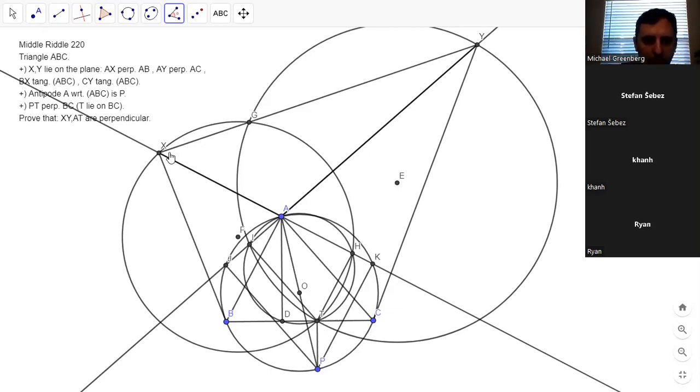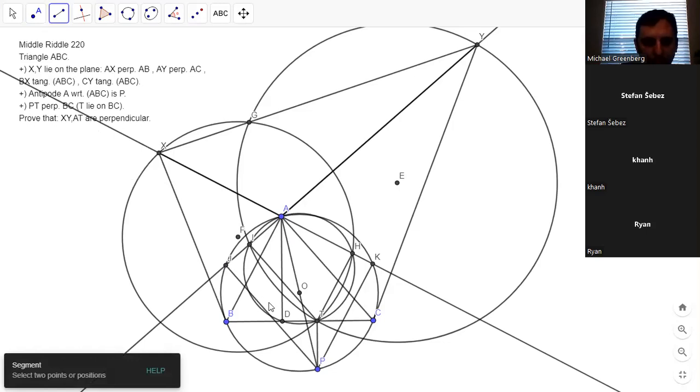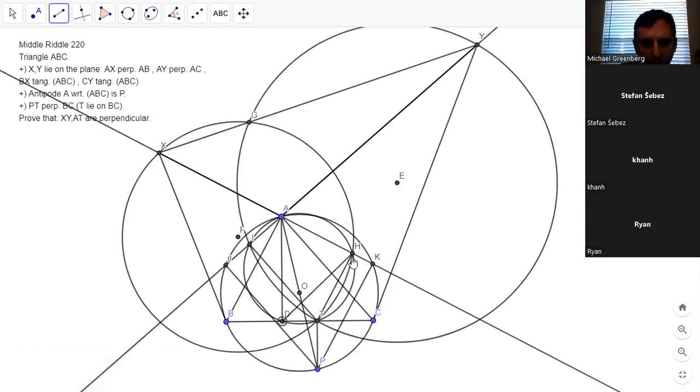So we want to show this is ADH, and we know that this is this angle. So H. We want to show these angles are actually these angles.